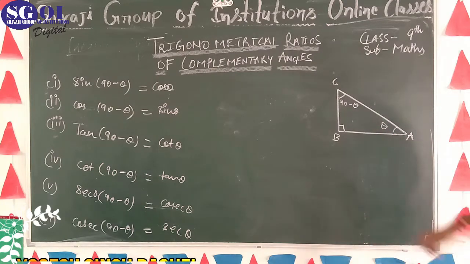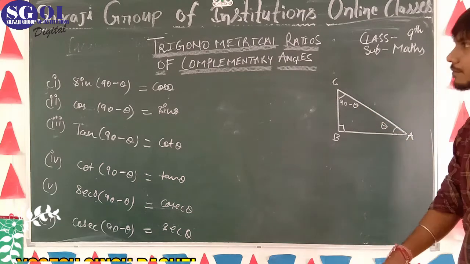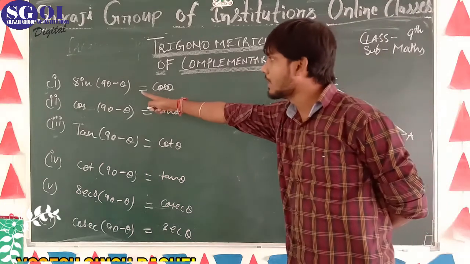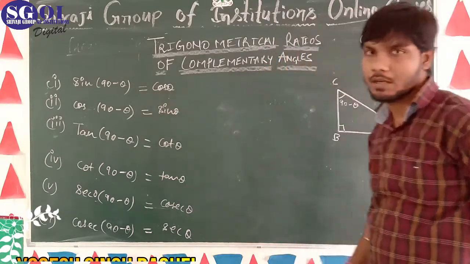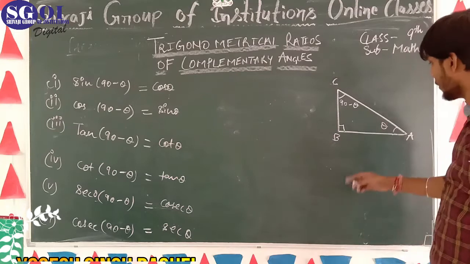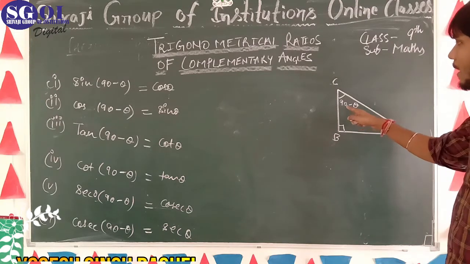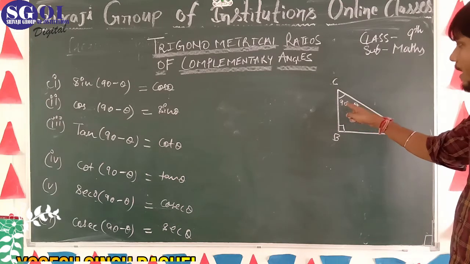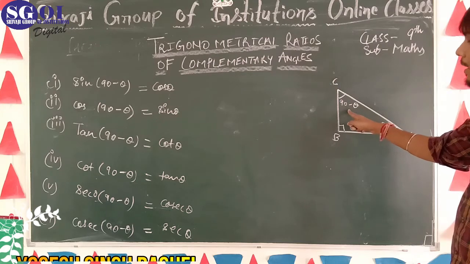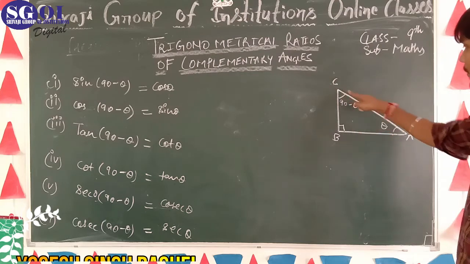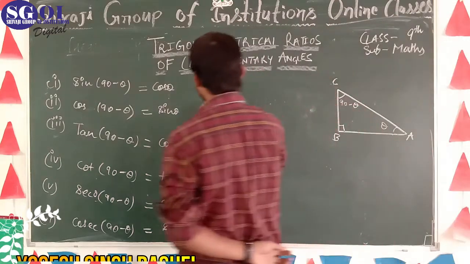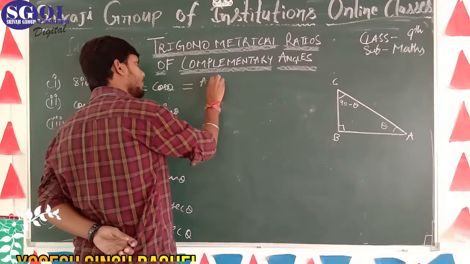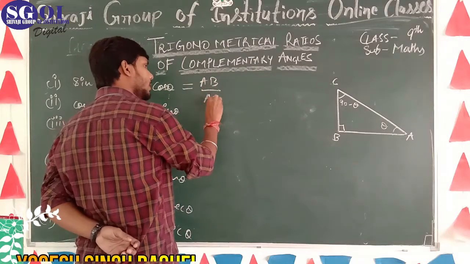Now, after considering it, sin 90 minus theta is equal to cos theta. How does it come? Let's see. Sin 90 minus theta means angle C. For sin 90 minus theta, perpendicular is AB and hypotenuse is AC, so AB upon AC.